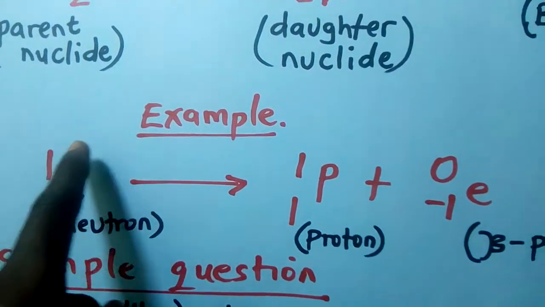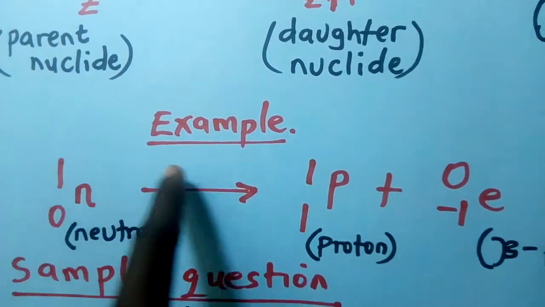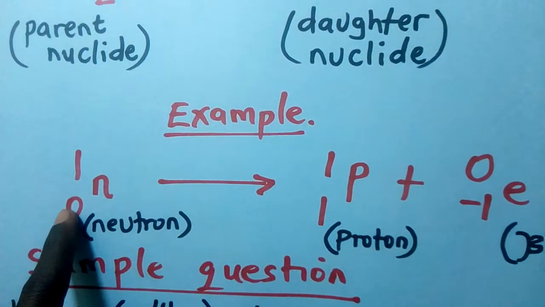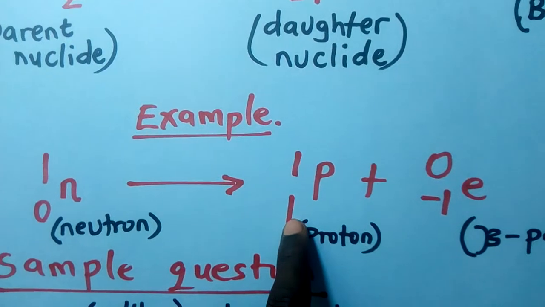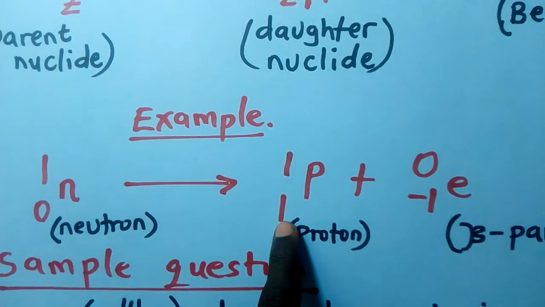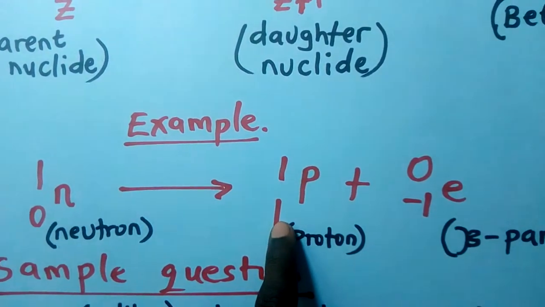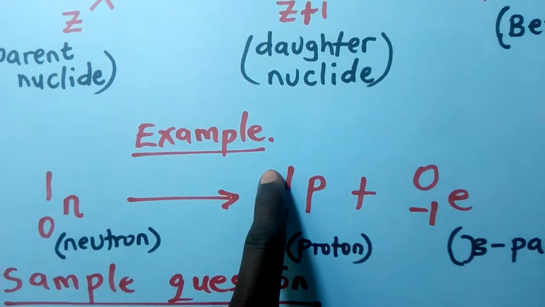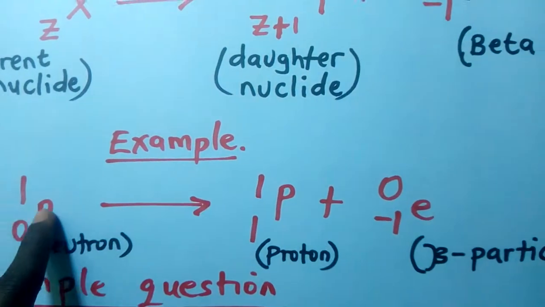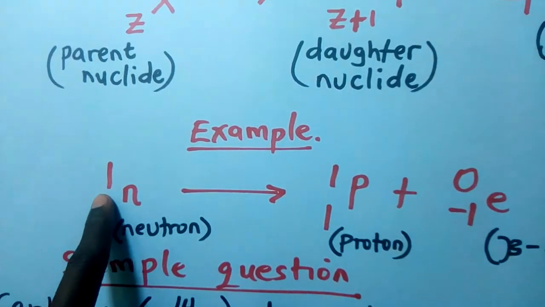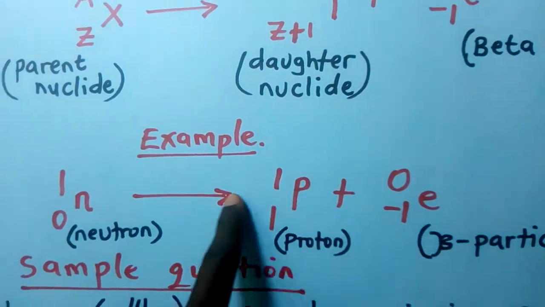If this is 1, this is 1. What about the atomic number? If this one is 0, this one will be 0 plus 1, which will be 1. So you can see the atomic number has increased by 1, but the mass number does not change. So this is a good example of a reaction involving beta decay.